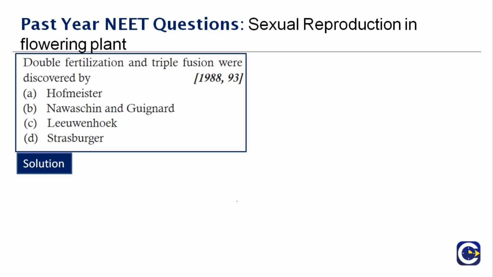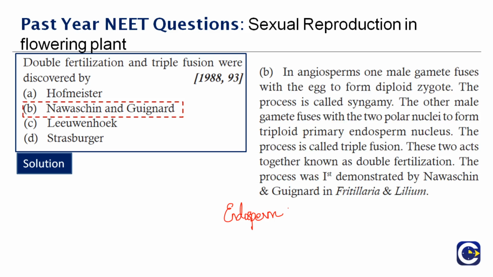In angiosperms, one male gamete fuses with the egg to form a diploid zygote. The process is called syngamy. The other male gamete fuses with two polar nuclei to form the endosperm. The process is called triple fusion. These two acts together, known as double fertilization, was first demonstrated by Navaschin and Guignard, which is option B, the right answer.